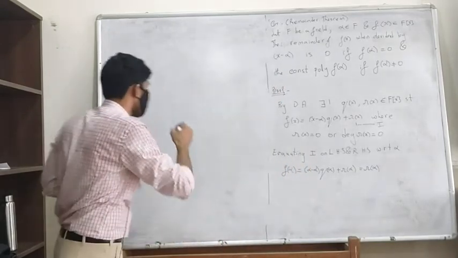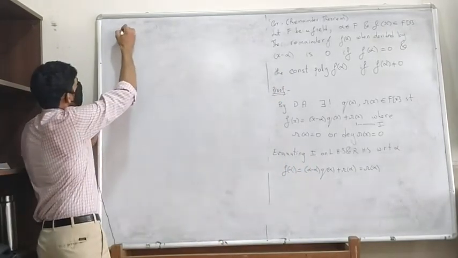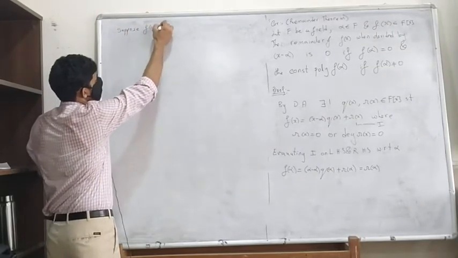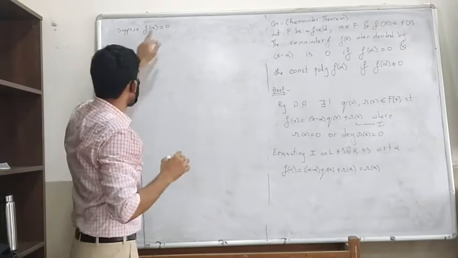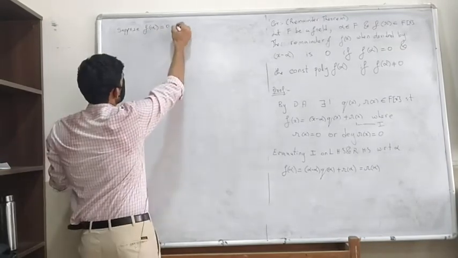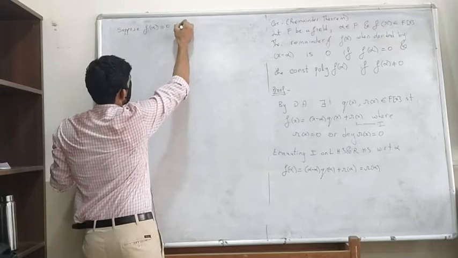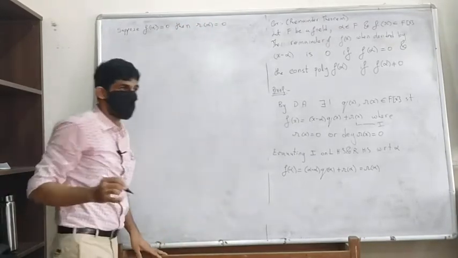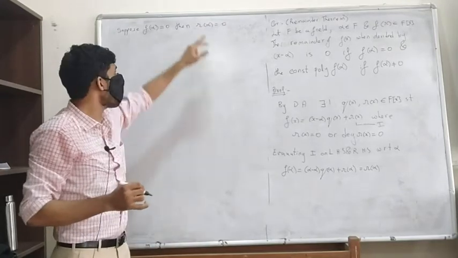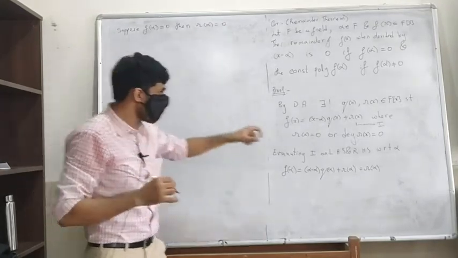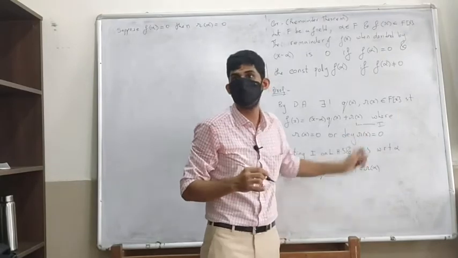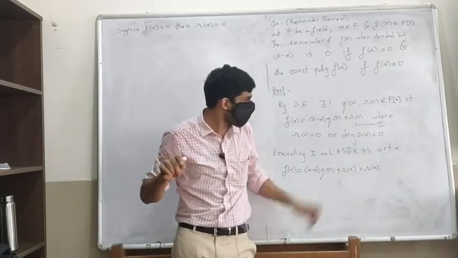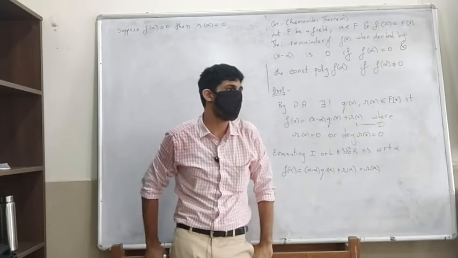Suppose f of alpha is 0. What does it mean? r of alpha will also be 0. But we know that r of x is either the 0 polynomial or a constant polynomial. What would happen if r of x was the constant polynomial?